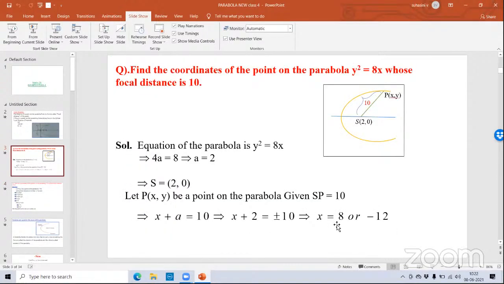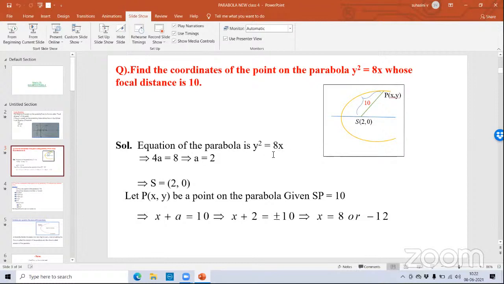Now substituting these values, x is equal to 8 in y square equal to 8x, we shall get the value of y, from which we get the coordinates of the point, children. Substitute x equal to minus 12, y square will be negative, which cannot be taken in this case. So substitute x equal to 8 in y square equal to 8x. Then y square is equal to 8 into 8. y square is equal to 64.